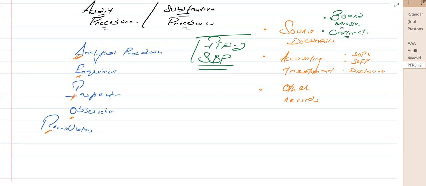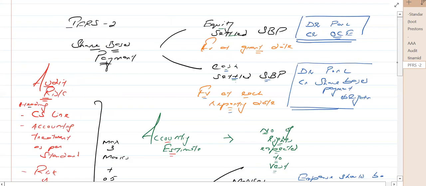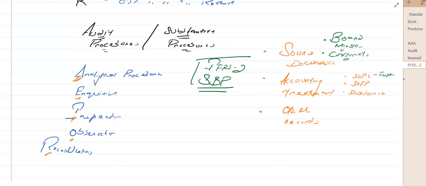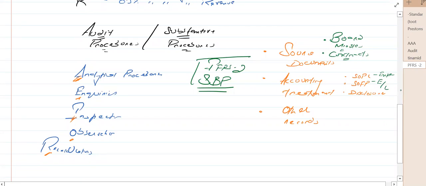And then accounting treatment: we know that, for example, if it is an equity-settled share-based payment, or a cash-settled one, the expense you should look into in the statement of profit or loss, and the equity or liability in the statement of financial position.